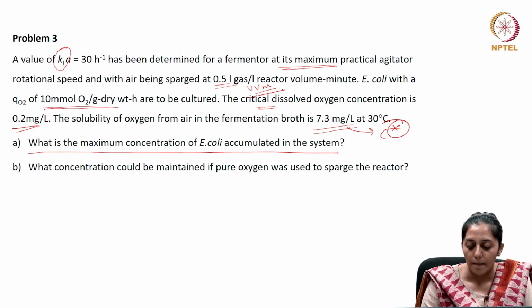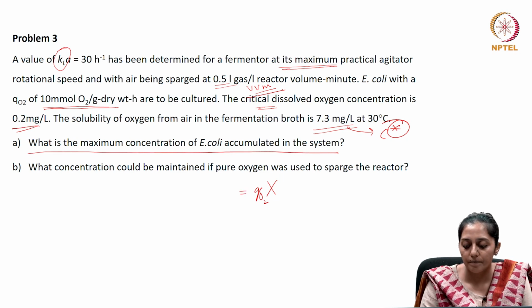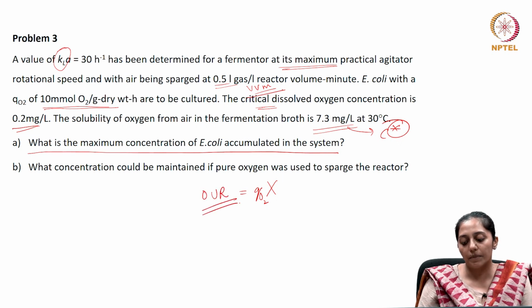So, maximum biomass possible. We know the specific oxygen demand and let us assume X is that maximum biomass possible. So, this is our OUR, oxygen uptake rate. So, this will become now the maximum oxygen uptake rate.